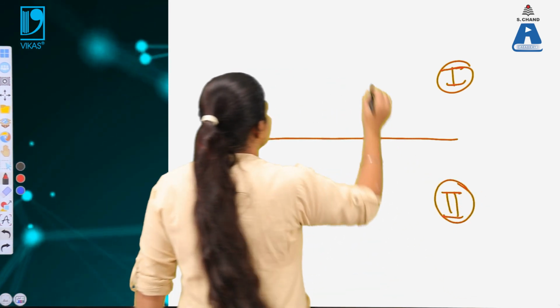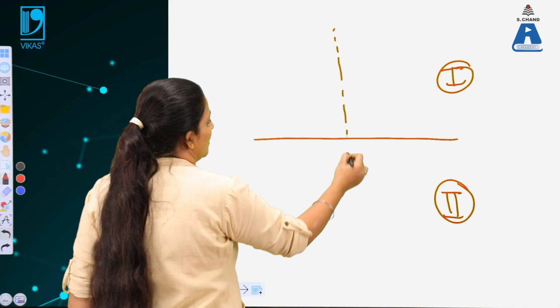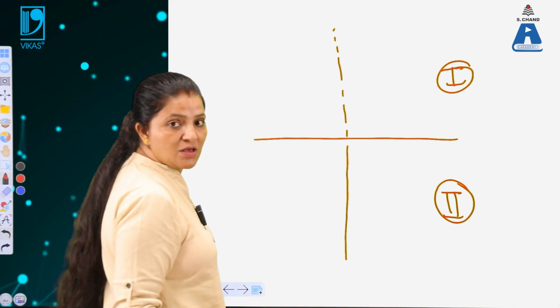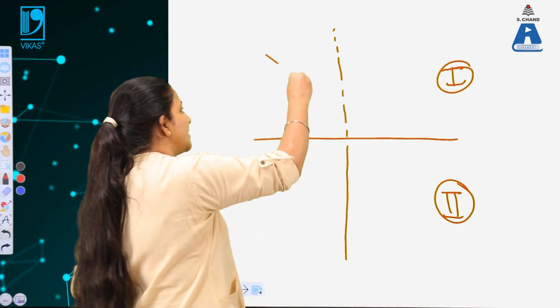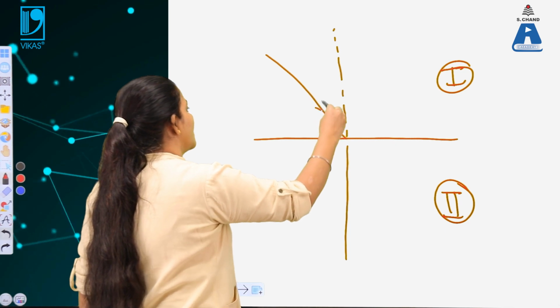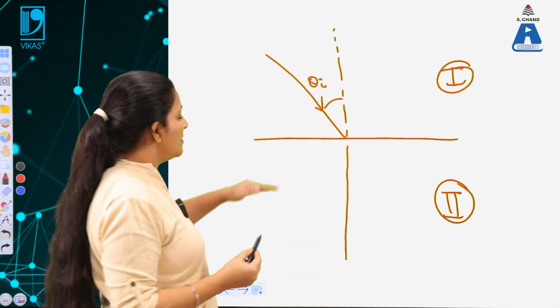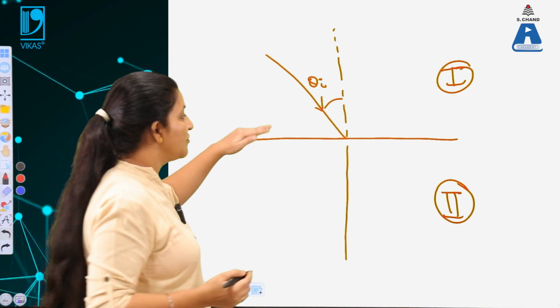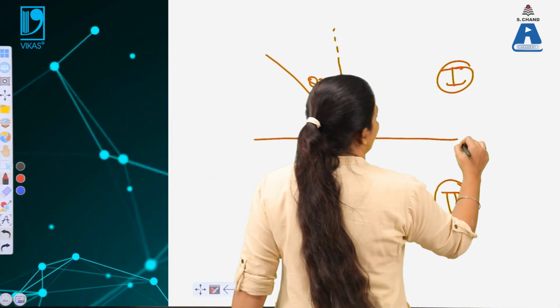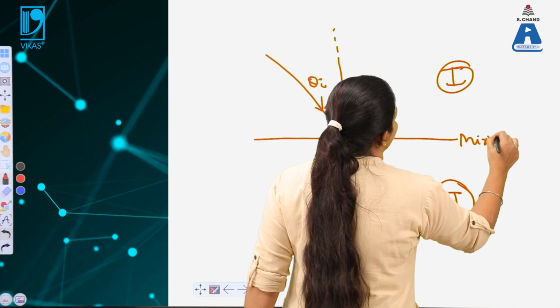Now, in the first topic we understood there is a normal to the surface. When the light is incident over here at an angle theta I, and this is a mirror separating the two media, what is the condition behind that?